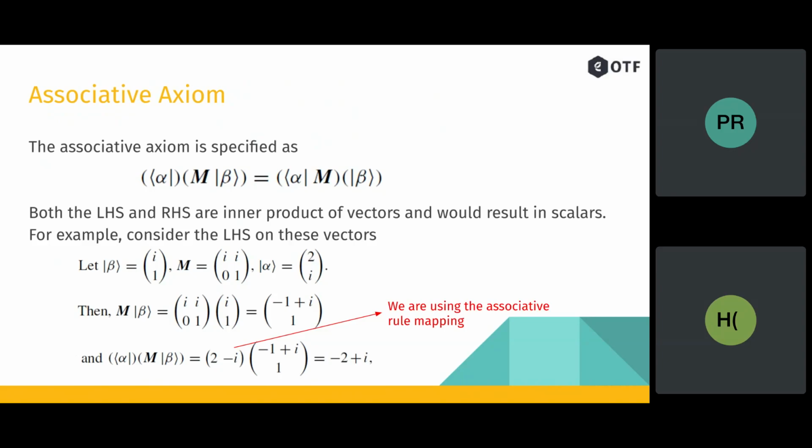Associative axiom. This is very important. You have two vectors, alpha and beta.